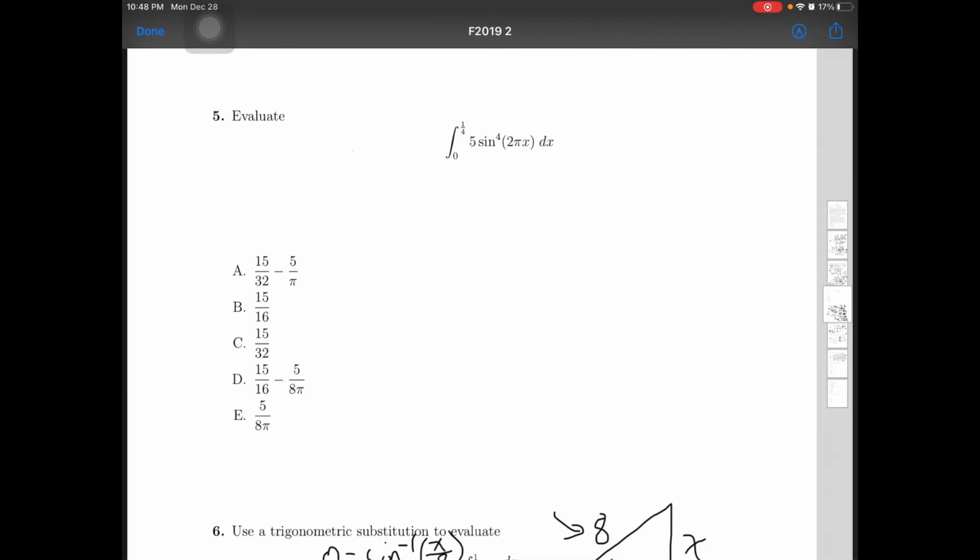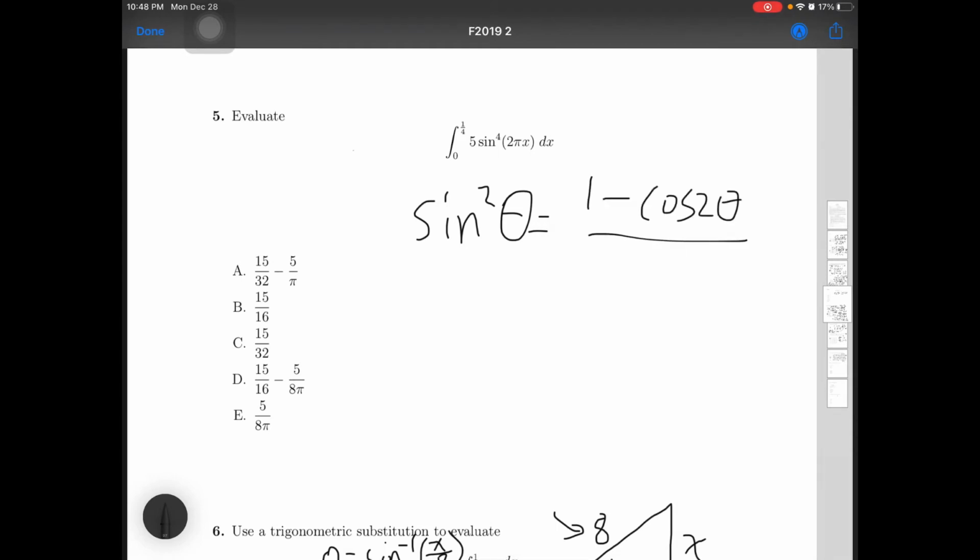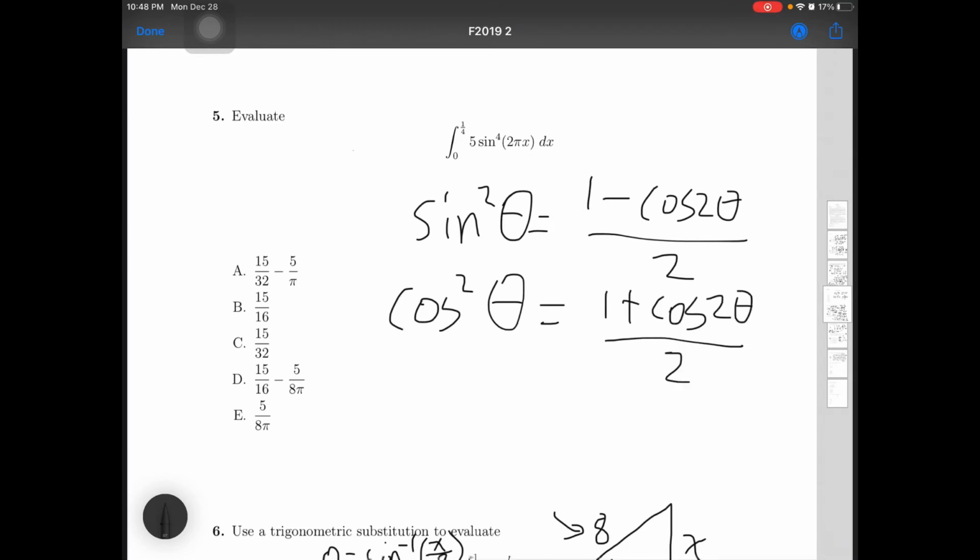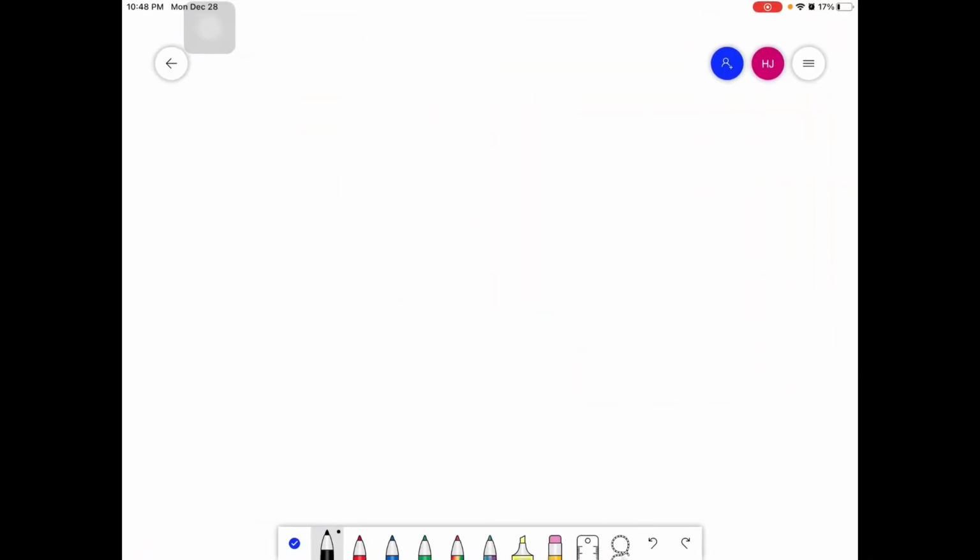So we need to use the half angle formula of sine squared theta equal to 1 minus cosine 2 theta over 2, and cosine squared theta equal to 1 plus cosine 2 theta over 2. And I will need a lot more space to do this, so I'm gonna switch over to the whiteboard.